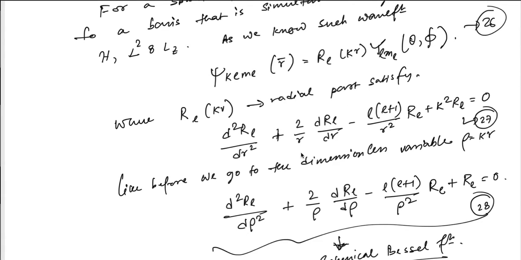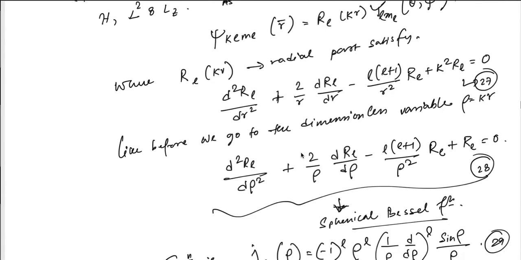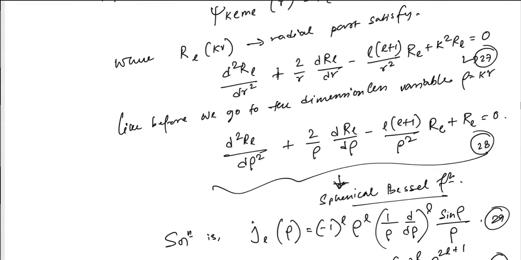This is something we did last semester, and like before, we go to the dimensionless variable rho, writing rho equal to kr. That makes my equation take this form. Note that I am doing it for a free particle.